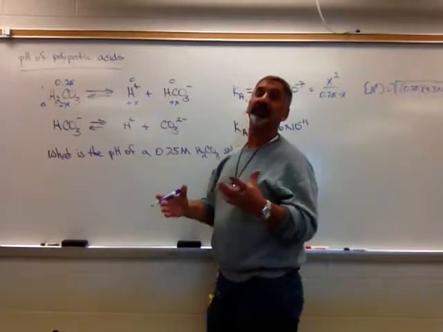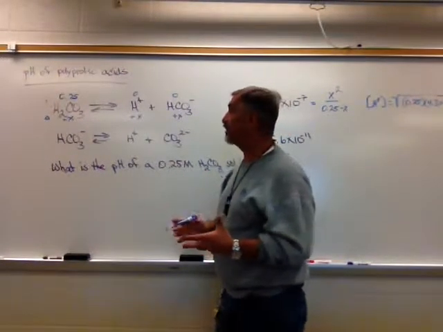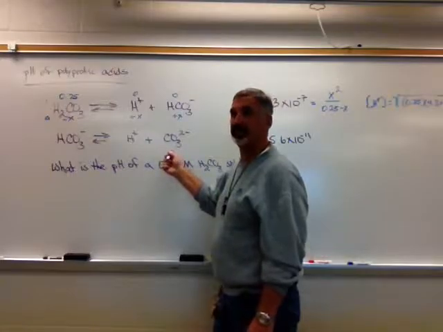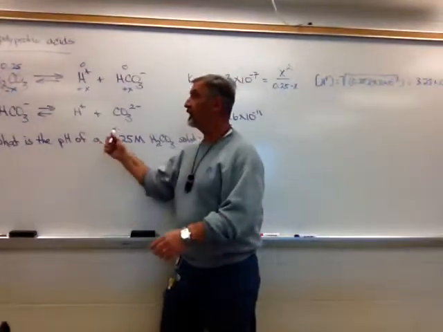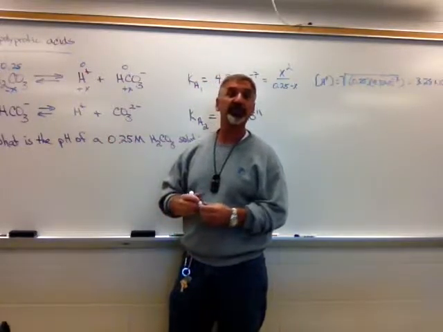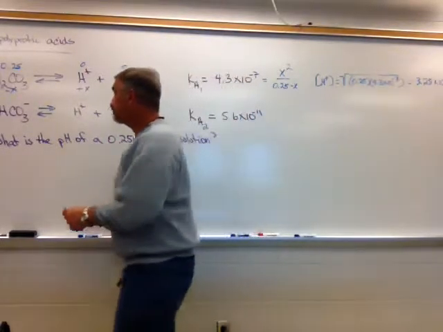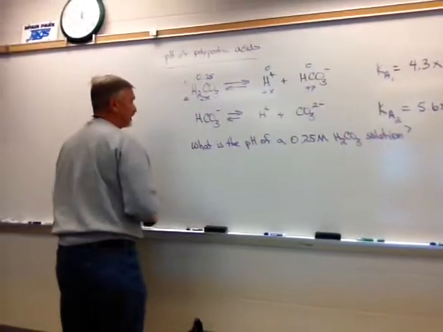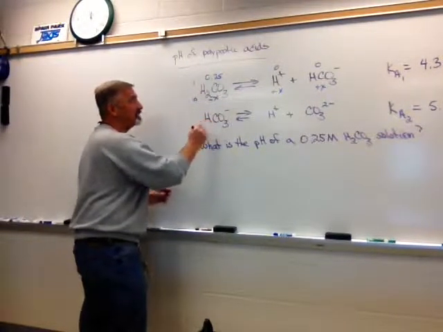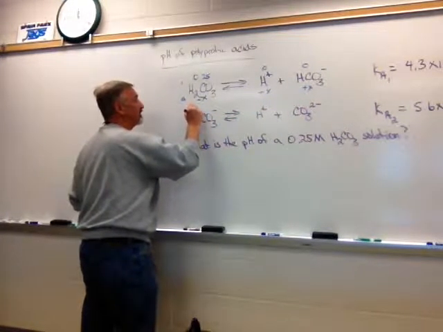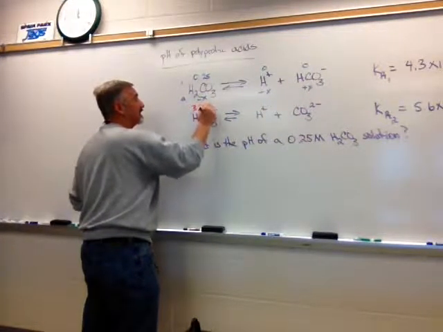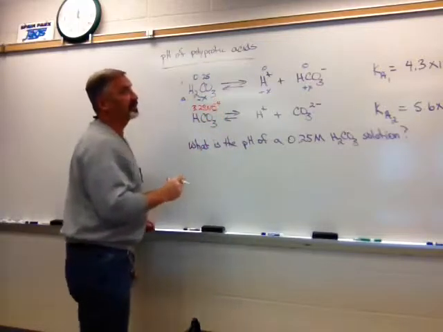Now, what's going to make this a little bit different is when we go to do our second hydrogen, we're going to have to use these values over here. So our initial concentrations aren't necessarily going to be 0. So my initial concentration now of the bicarbonate is going to be my value of x, 3.28 times 10 to the minus 4th.